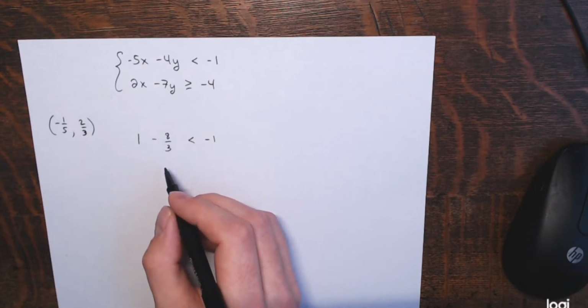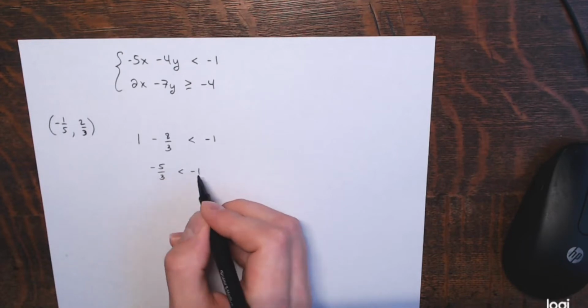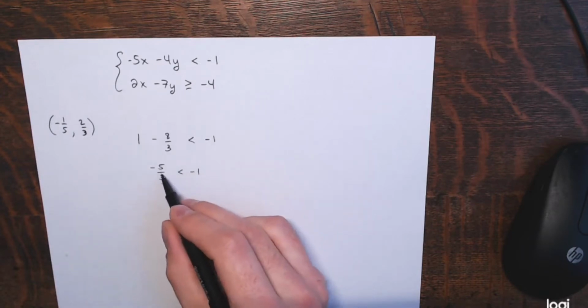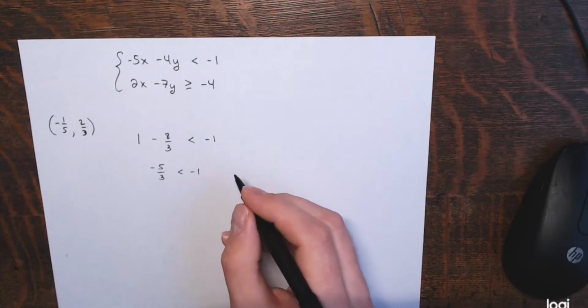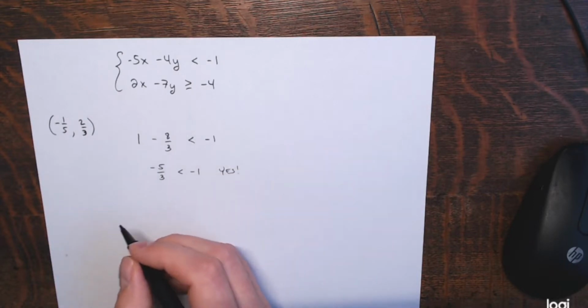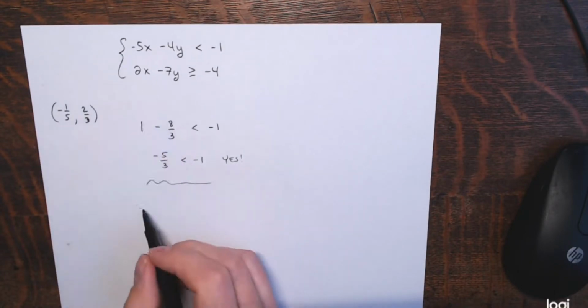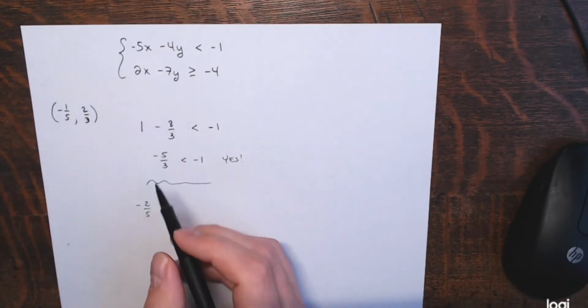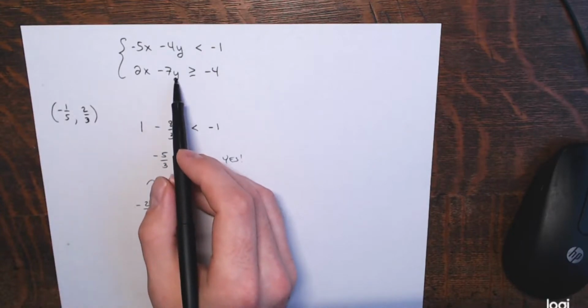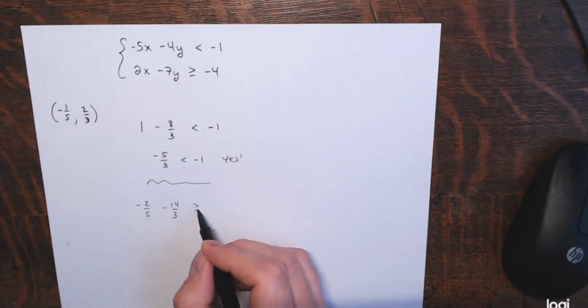It's negative 5/3. Is that less than negative 1? Yeah, that's negative 1 and 2/3, which would be to the left of negative 1 on the number line. Alright, so that's satisfied. And the second equation, 2 times negative 1/5 would be negative 2/5. Negative 7 times 2/3 would be negative 14/3. Is this greater than or equal to negative 4?